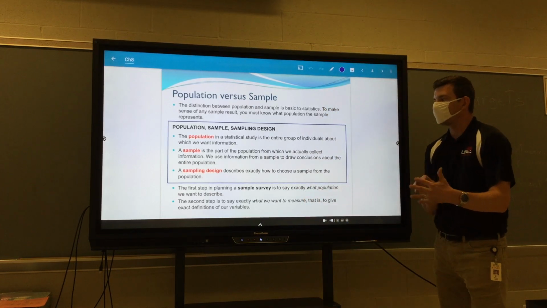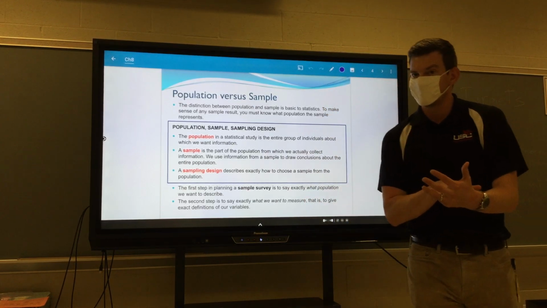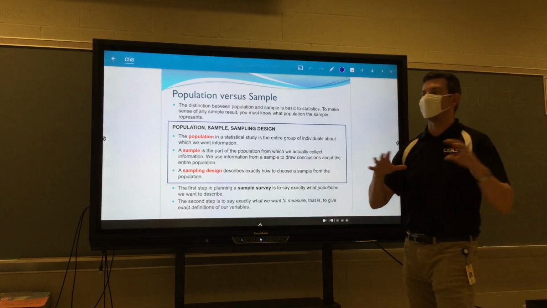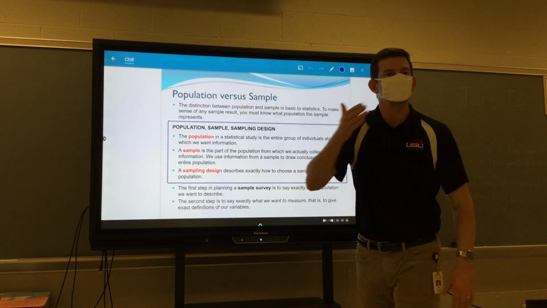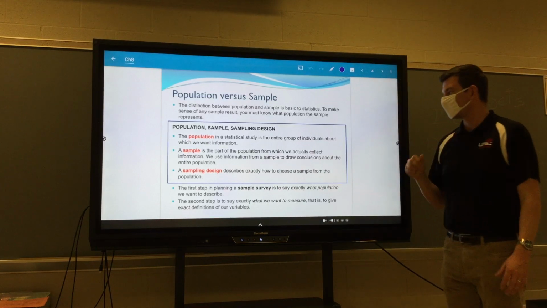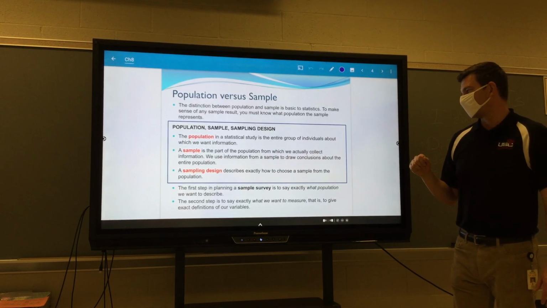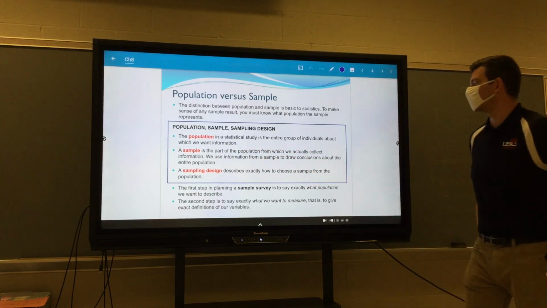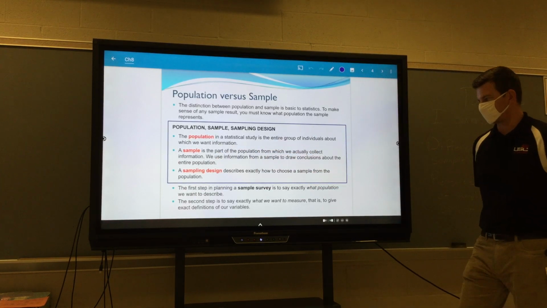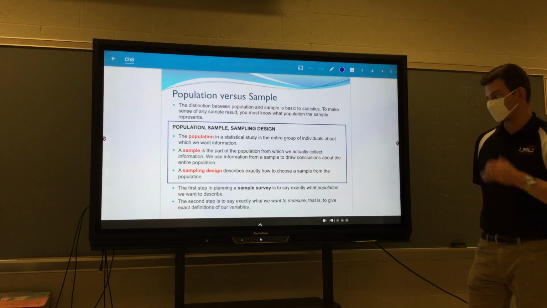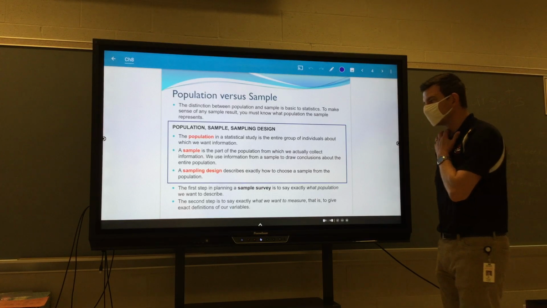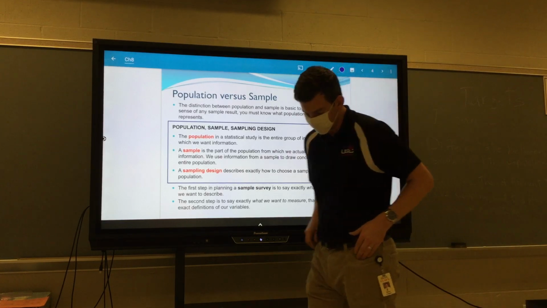But because the population is usually large and difficult to access in terms of asking everybody a question, instead we rely on a sample. A sample is the part of the population from which we actually collect information. We use information from a sample to draw conclusions about the entire population.